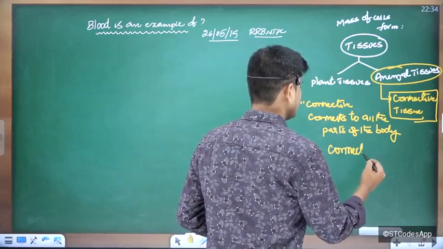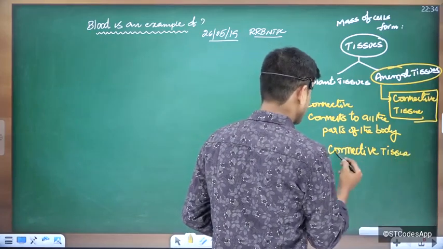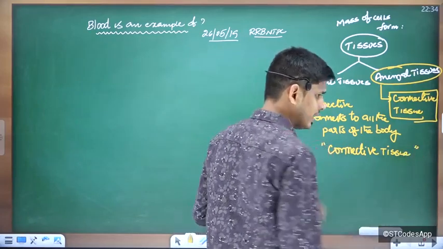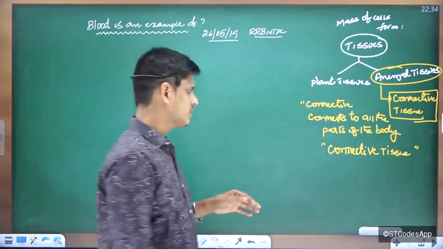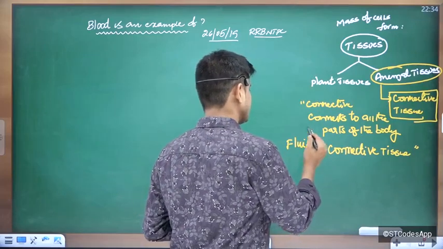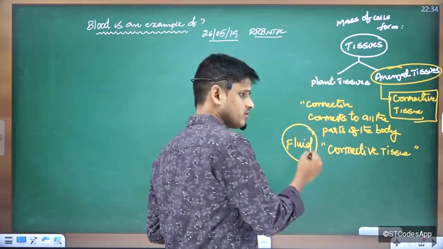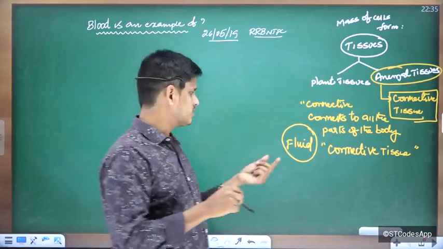Blood itself is not a liquid and not a solid, it is a fluid. Fluid means some portion of liquid and some portion of solid, and when we combine the liquid and solid, it forms a fluid.